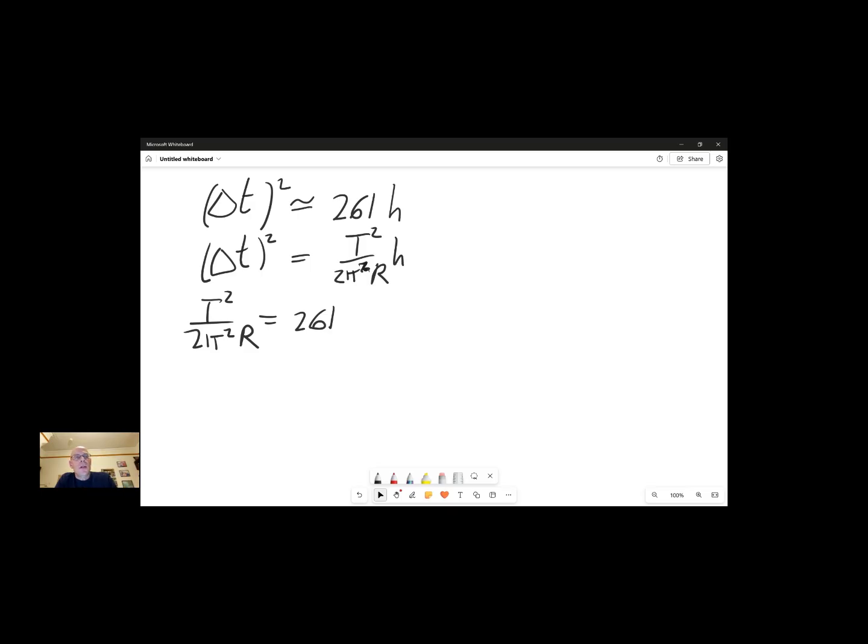Using the period of Earth, namely T is 24 hours, 24 times 3,600 seconds, we can calculate the radius of Earth, but we will not get the radius of Earth. Let's see what we'll get.